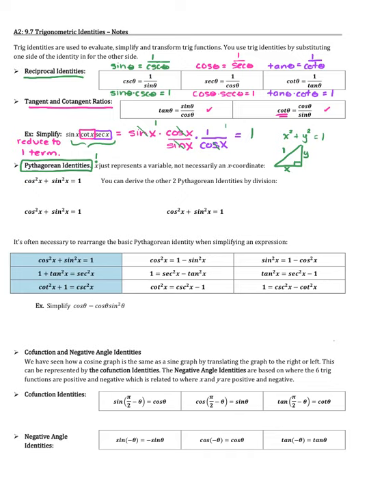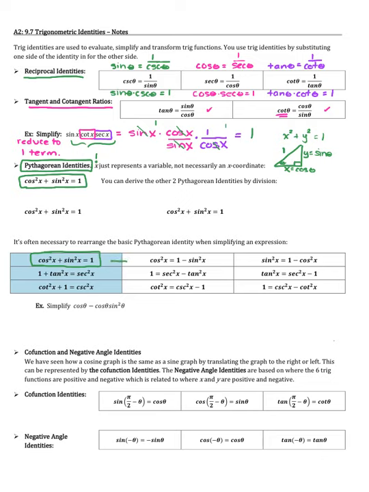Well, in our unit circle, we also saw that x is the same thing as cosine theta, and y is the same thing as sine theta. So you get the identity that cosine squared plus sine squared is 1. And that is really powerful. That is the one I would say is the most important to remember.